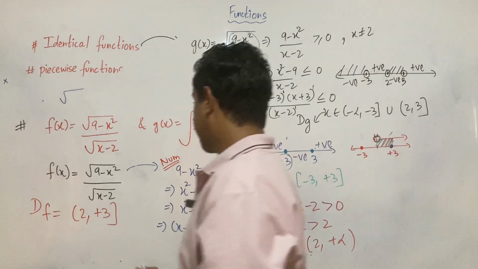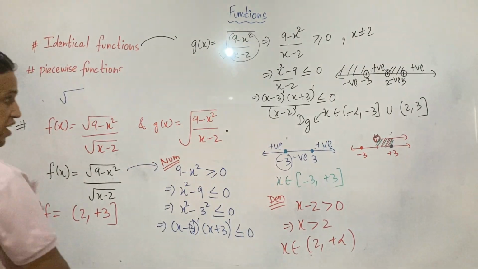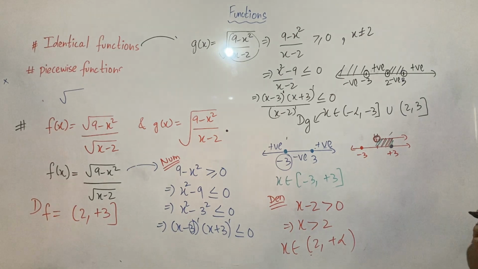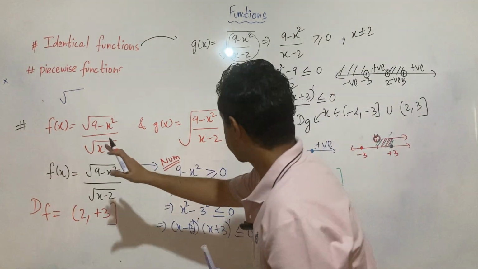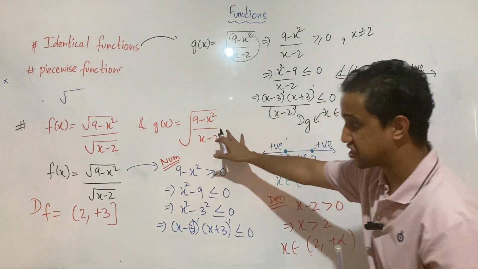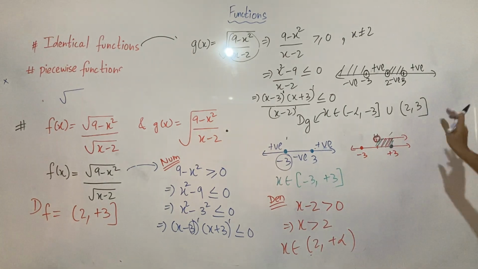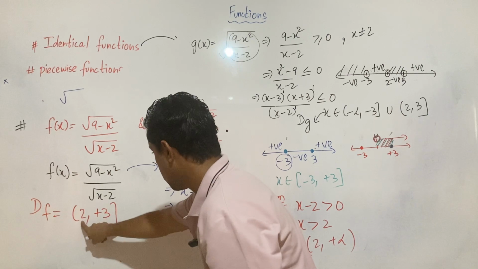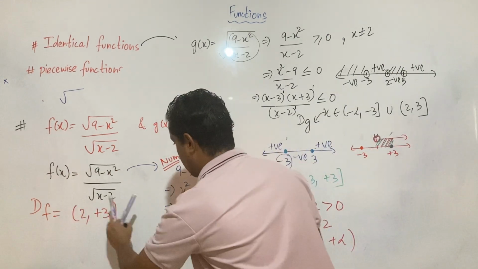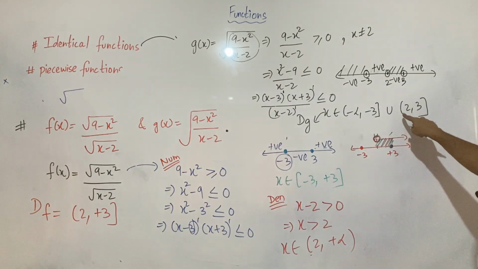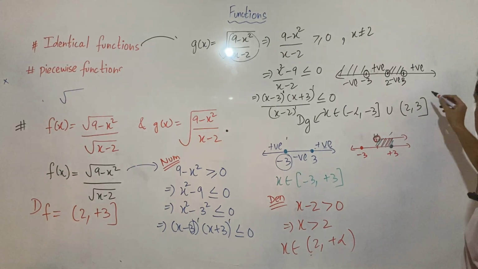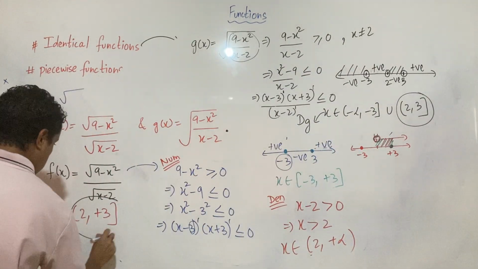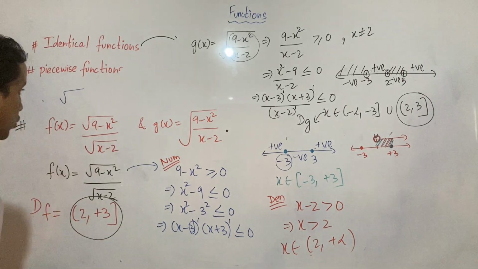Now we have the domain of function f, and we have the domain of function g. We have to find the common ground where f(x) and g(x) are going to be the same. You can see the common part: it has 2 to 3, open-closed bracket, and it has this same thing here too. So for this interval, f(x) is going to be g(x).